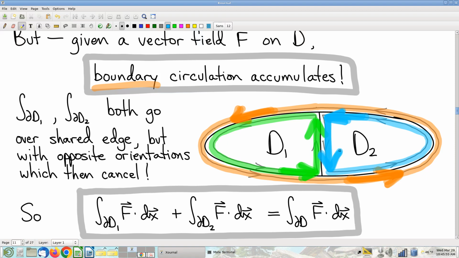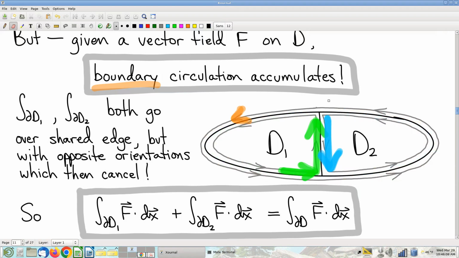But now, let me delete the orange parts that clearly are the same as the green parts and the orange parts that are clearly the same as the blue parts. We get rid of all of that. This is what's left. This is what we would have to claim is the difference between the whole and the sum of the parts.